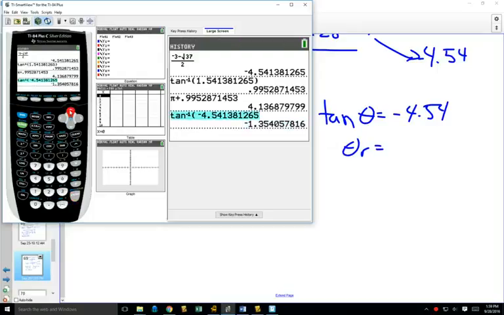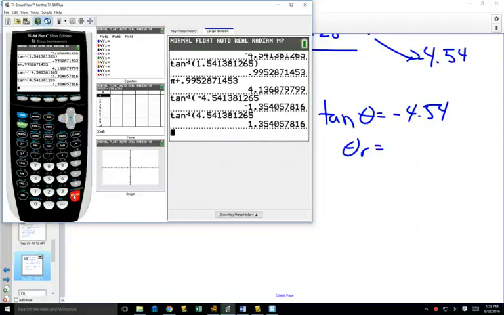That is very tempting to do, so we're going to retype that, and I'm just going to delete that negative, because a reference angle is always positive.